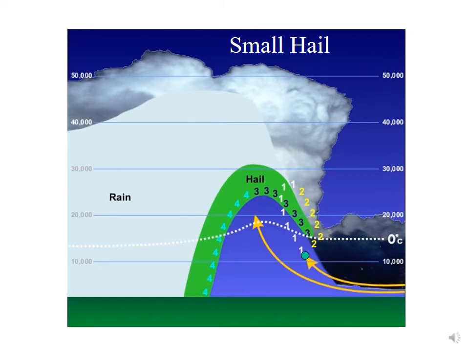We'll contrast that with the path taken by a droplet or ice crystal that turns into hail. So in this case, it's actually going to start off and not be right in the center of the updraft, but let's follow the trajectory of this hydrometeor that turns into small hail.